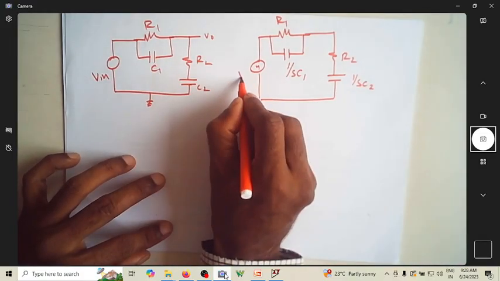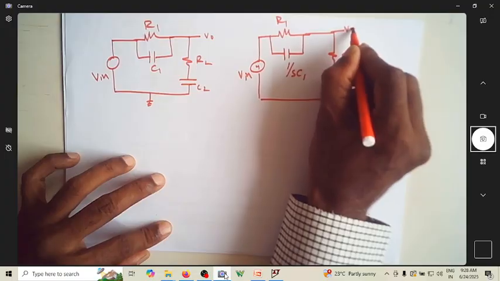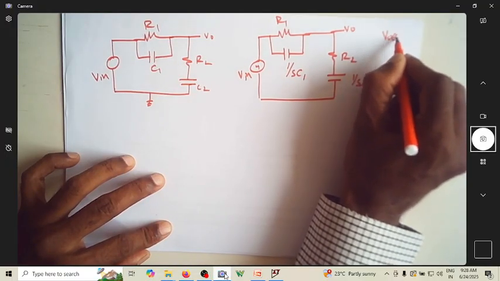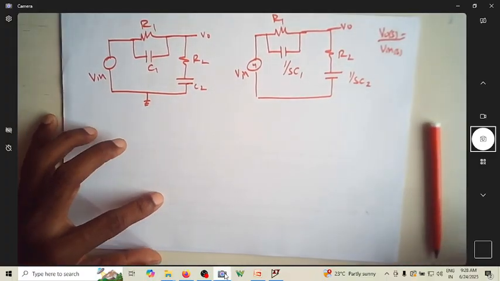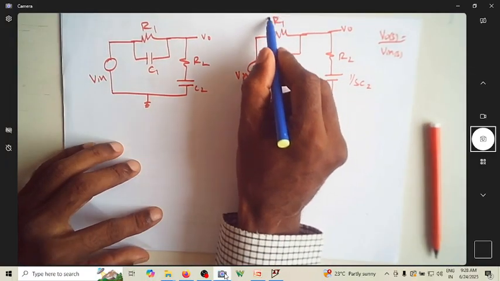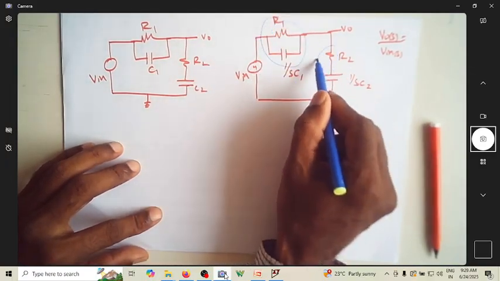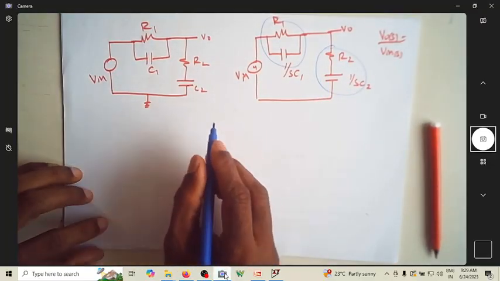So now this is V in, this is V naught. We are asked to find V naught of S by V in of S, the transfer function. So for that, let us reduce this parallel combination. Let us reduce this series combination.